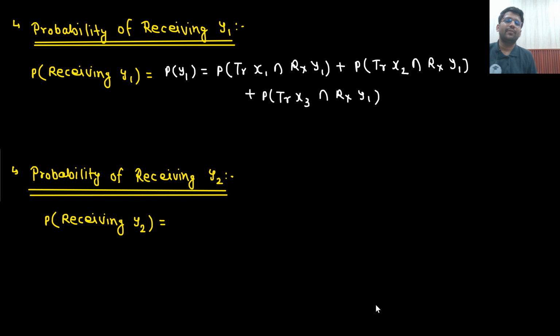Will that show the probability of receiving y1? Say yes or no. How can you receive y1? If x1 is transmitted and y1 is received, or if x2 is transmitted and y1 is received, or if x3 is transmitted and y1 is received, then you will receive y1. So this will show the probability of receiving y1.